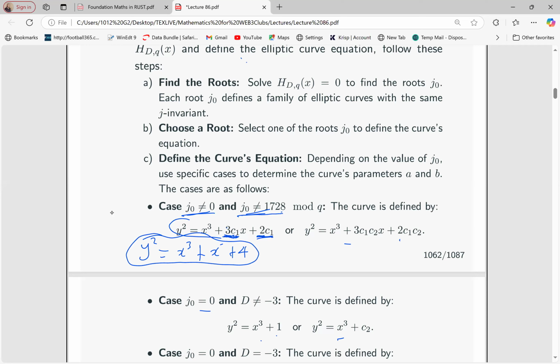Now, this curve is the one we are looking for. The only difference is that it has a 4 here. I'll show you how this 4 is then converted to 1. But before that, with your Rust code, when you try this, you will find this curve has 9 points. And you wanted a curve that has 9 points.